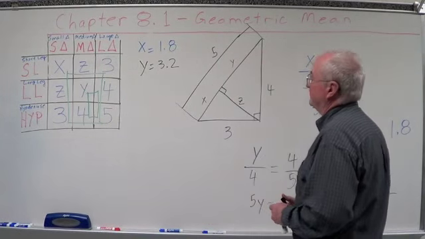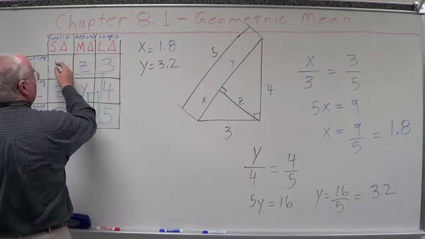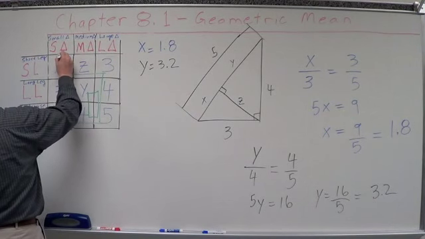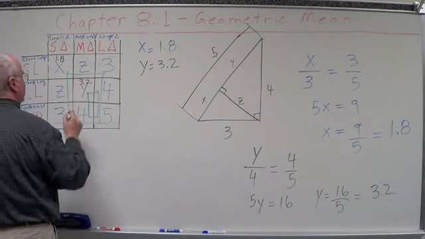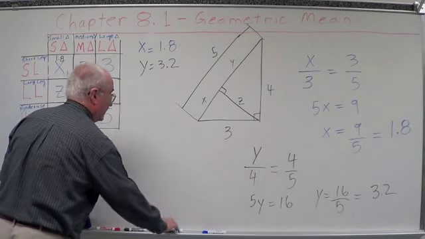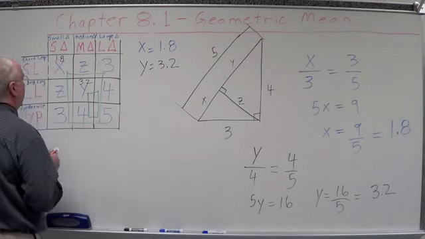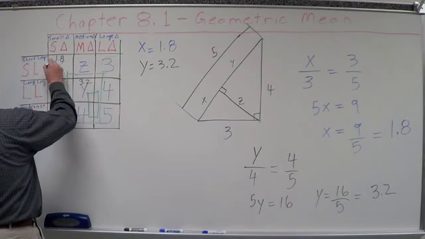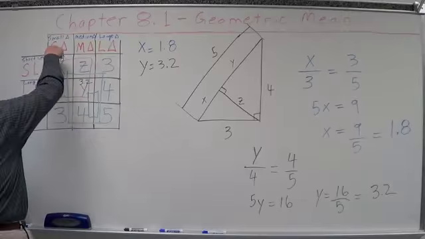Now we've got the z to pick up, okay? What do we know about x? It's 1.8. Y is 3.2. So now can we find z? Most definitely, let's look at z, because z is this one right here. Okay?